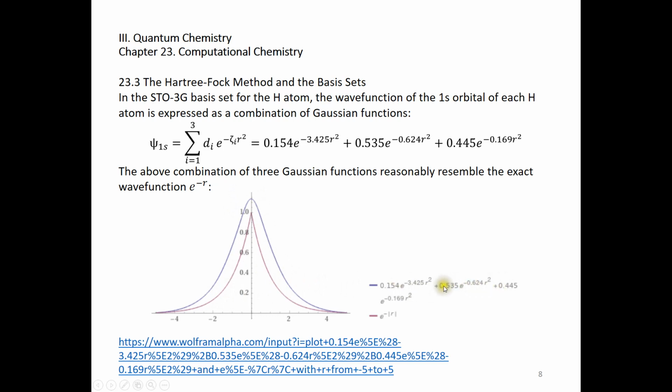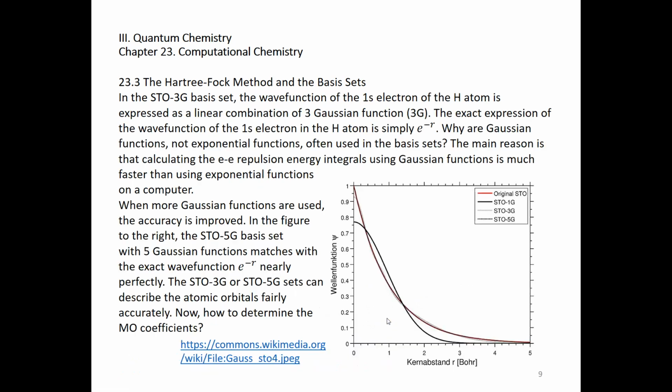We have the linear combination of 3 Gaussian functions here as the blue curve, and the red curve is e to the power of -r, which is the exact wave function in the hydrogen atom. In the STO-3G basis set, the wave function of the 1s electron of the hydrogen atom is expressed as a linear combination of 3 Gaussian functions, denoted by 3G. The exact expression is e to the power of -r.